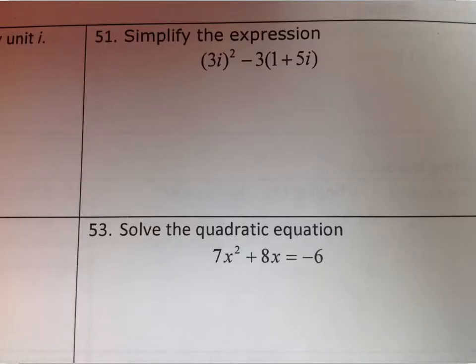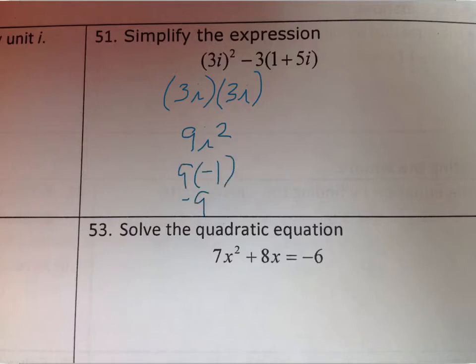So right here, number 51, it says 3i squared. Notice how the squared is on the outside. So what that really means is you have 3i times 3i. So just that part is 9i squared. And I know that i squared is actually negative 1. So that's 9 times negative 1. So negative 9, all for this term right here. Then for the rest of it, I'm going to go and distribute right there.